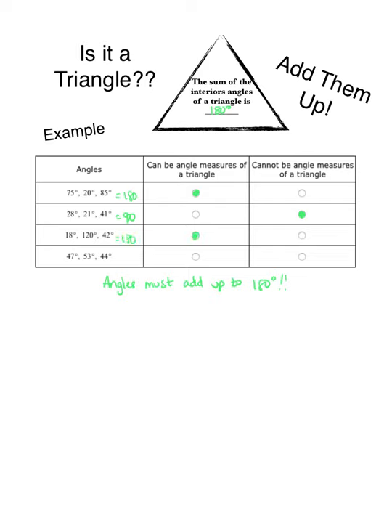Can be measures of a triangle. Then 47 plus 53 plus 44 add up to 144. Cannot be measures of a triangle. That's all you have to do. You're welcome.